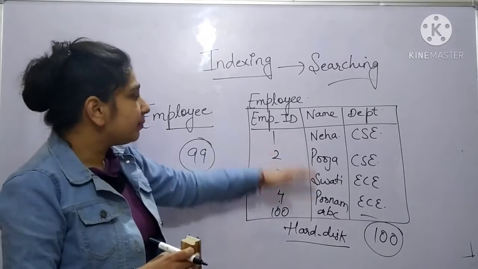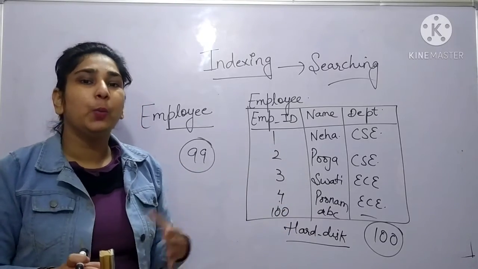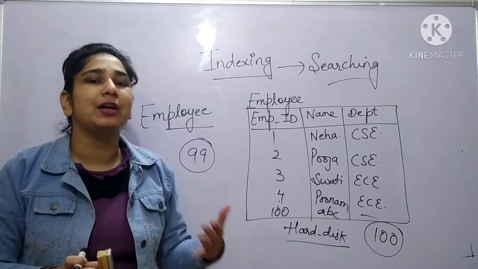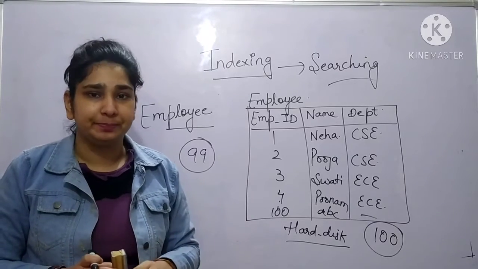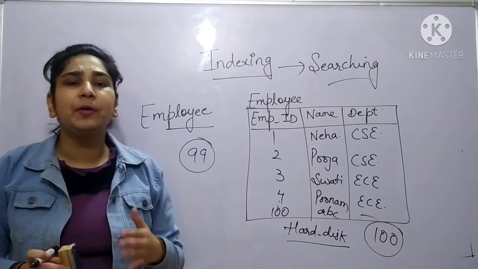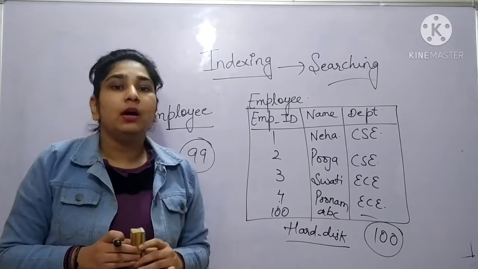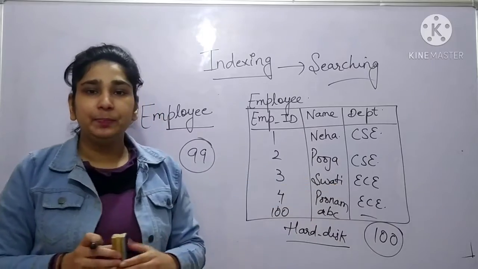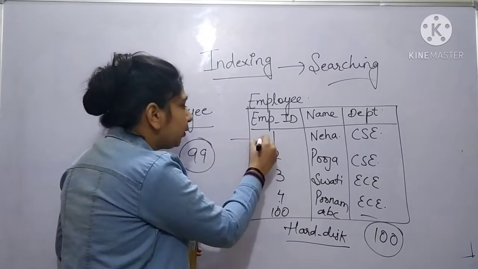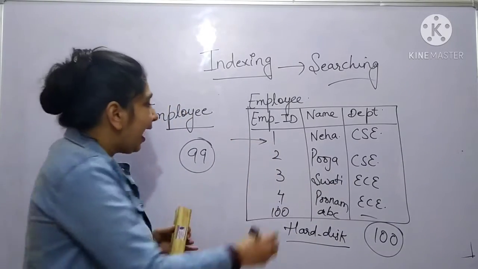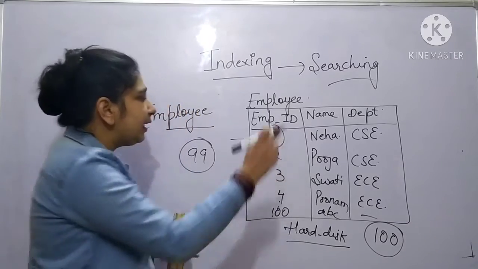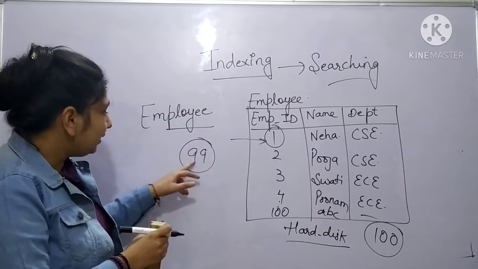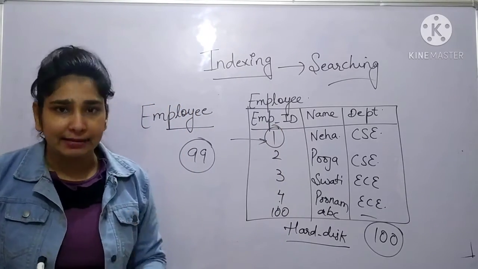But it is a machine. We are giving a set of instructions to the machine. So if you are performing linear search here, how will you process this table? Firstly, I will go to the first record. I will compare this employee ID 1 with employee ID 99.